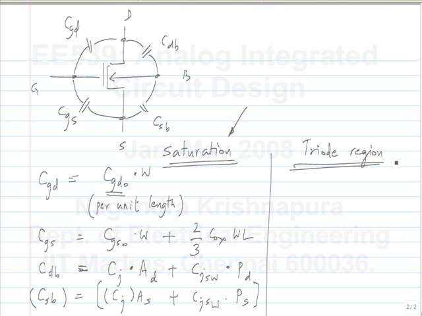So, especially with zero voltage difference between drain and source, you expect everything to be symmetrical, right? So, and that's the picture we use for all of triode region.